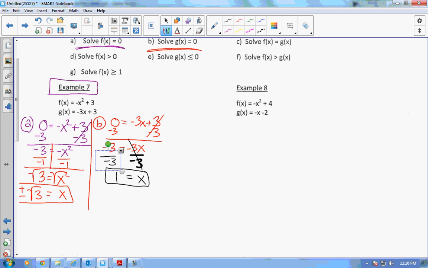Okay, next we want to see when they're equal to each other. Part C, f of x is equal to g of x. That means we take f of x and set it equal to g of x. Elena, what is f of x?